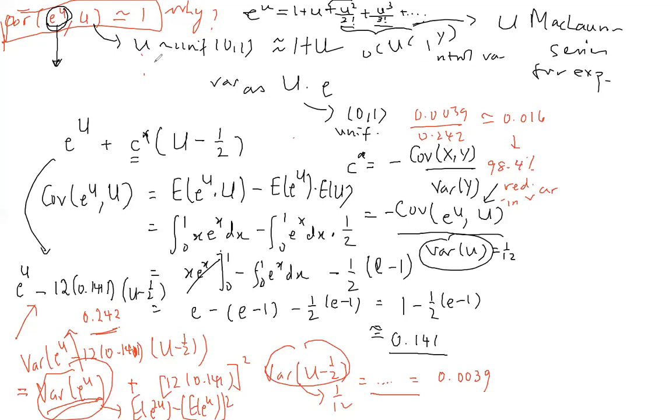Then this correlation is roughly the correlation of 1 plus u with u. So can you see clearly now that this is close to 1? Because the correlation of a variable with itself is 1.